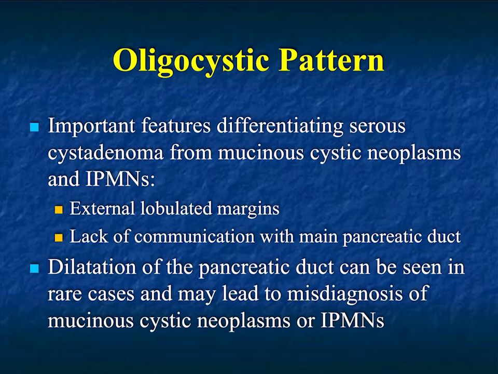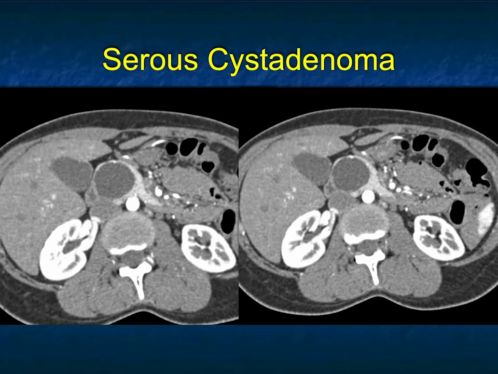Dilatation of the pancreatic duct can be seen, but that's going to be uncommon. And of course, when you see that duct dilatation, I mentioned you become a little bit more concerned and you don't feel quite as comfortable just assuming it's a serous lesion. So here's a cystic lesion in the head of the pancreas, well defined. It's a little bit close to the head for an MCN, but it still could be.